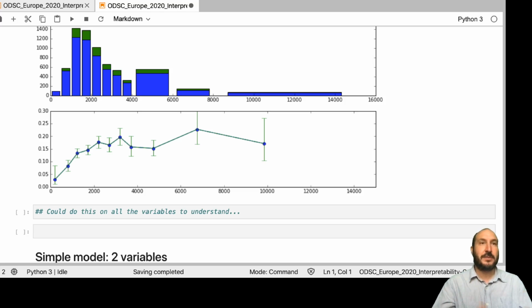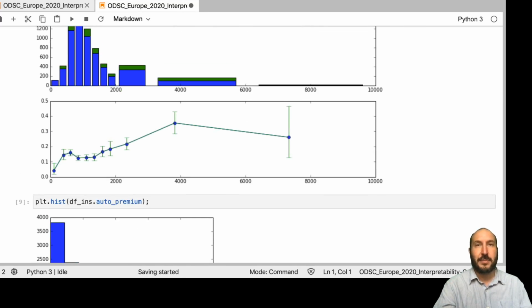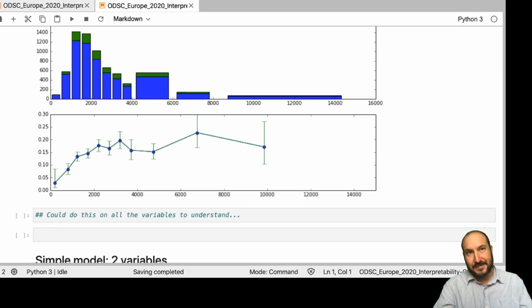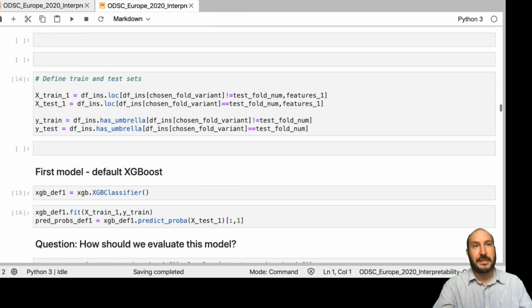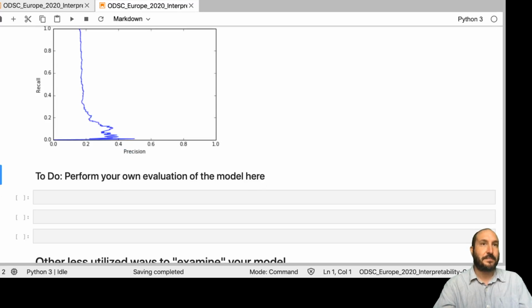So you've got two different signals. One makes it about twice as likely as average to buy a policy, and with auto premium, if you're really high, you're just a little bit more likely, 20% versus 15%. When you put them together, the model concludes that if you're really high in both, you're getting to about 0.35-ish as your predicted probability.